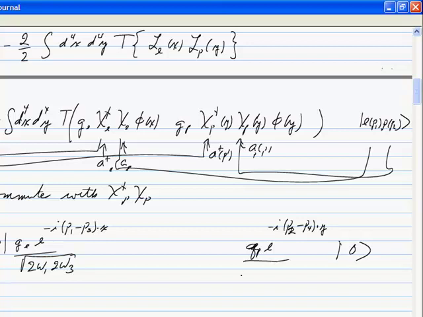Oh, I forgot all the normalizations. 2 omega 2, 2 omega 4. And the last thing that's left over is the time-ordered product of phi of x, phi of y.